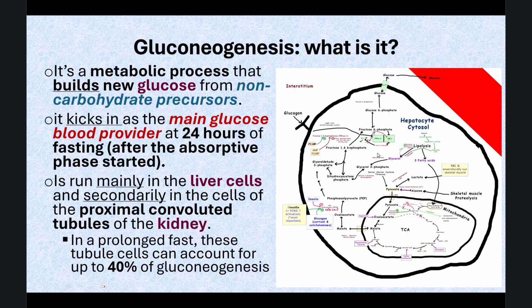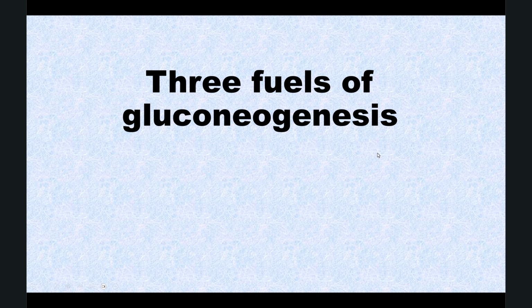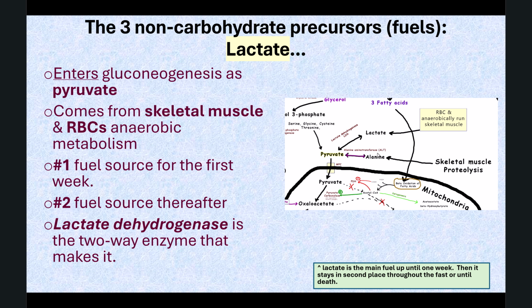So let's start talking about it, and we'll see how this goes. The first thing to do is talk about the fuels. So there's pyruvate. There's three fuels we said, right? There's glycerol from fatty acid breakdown. That does not convert into pyruvate. That converts into dihydroxyacetone phosphate, actually further toward the making of glucose, further up the chain.